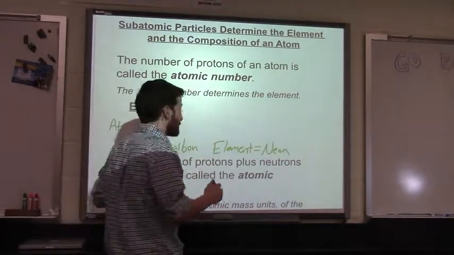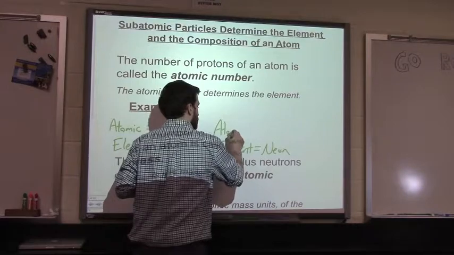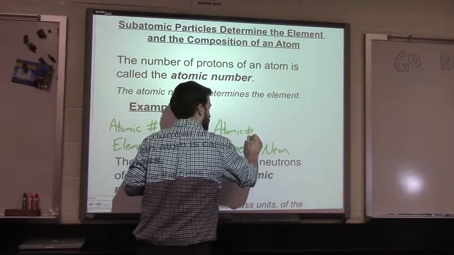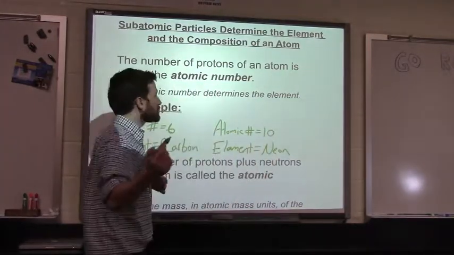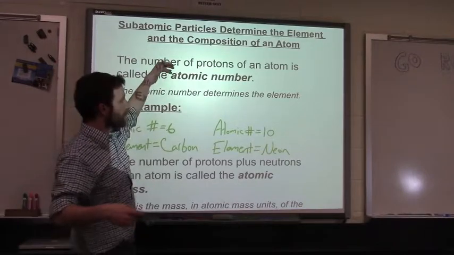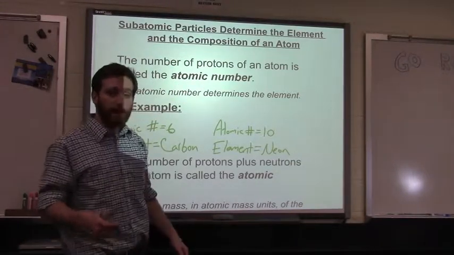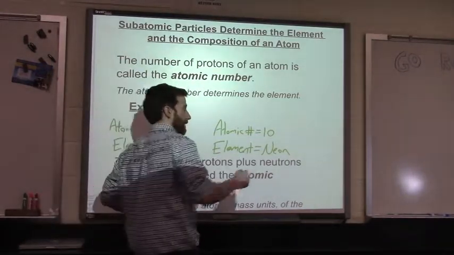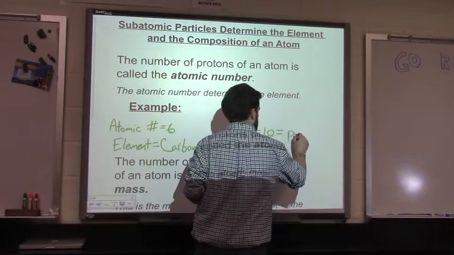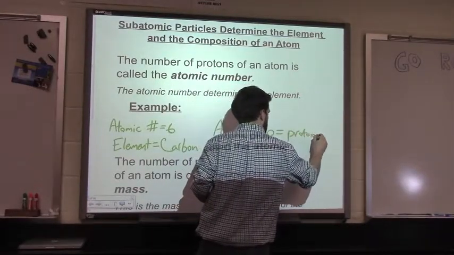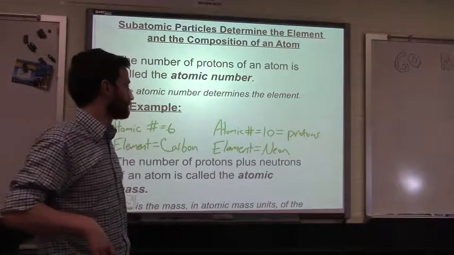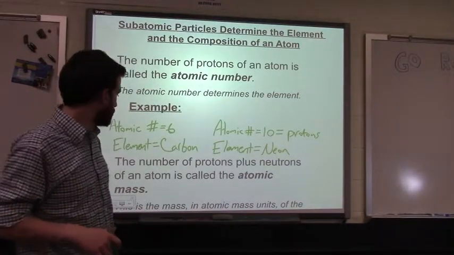I get that from the periodic table. And I also know that since the number of protons is the atomic number, neon also has 10 protons. All right, moving on.